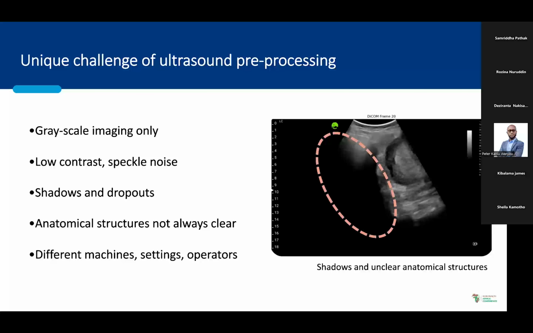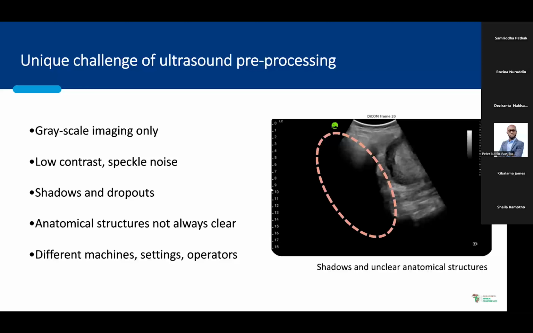There is often grainy noise that occurs from the sound waves interfering with each other, creating a Gaussian type of noise called speckle noise. There are also shadows. Ultrasound waves are often blocked by bones, so everything after the bones often appears as shadows.